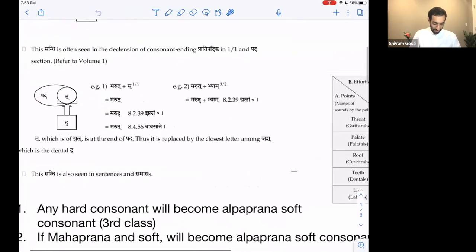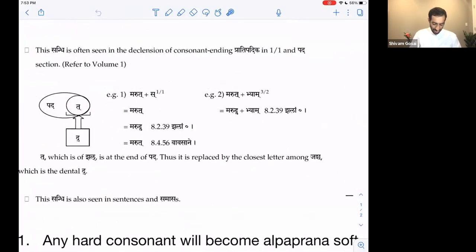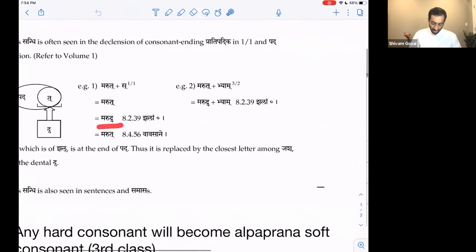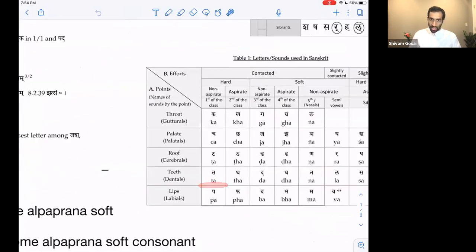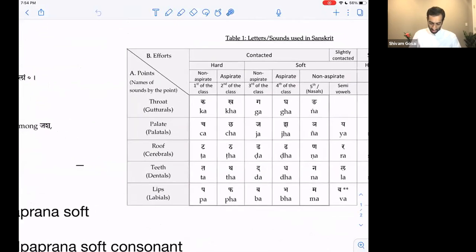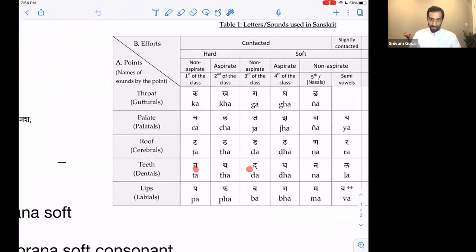So let's look at the example. Marut. So this is 1-1, marut. Marut becomes marud. Let's look at it on the chart. Marut, which is part of jal, becomes marud. Ta becomes da. Notice that these have an akara after them, but we're not really implying the akara afterwards.